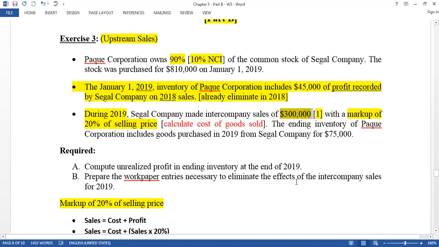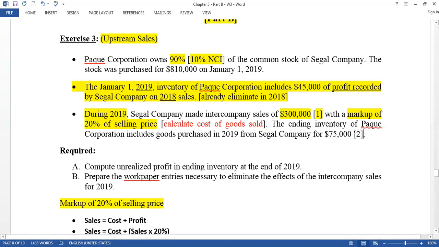When you sell it to me, for example, I am the parent, you include 20% markup. The question does not give you cost of goods sold; you have to calculate it. Again, ending inventory of parent corporation includes goods purchased in 2019 from Seagull company of $75,000. So this is ending inventory and this is our second journal.